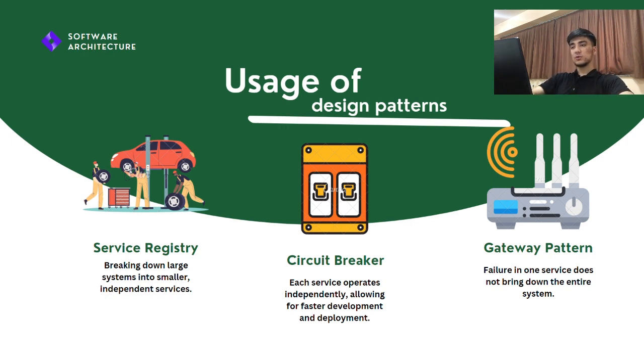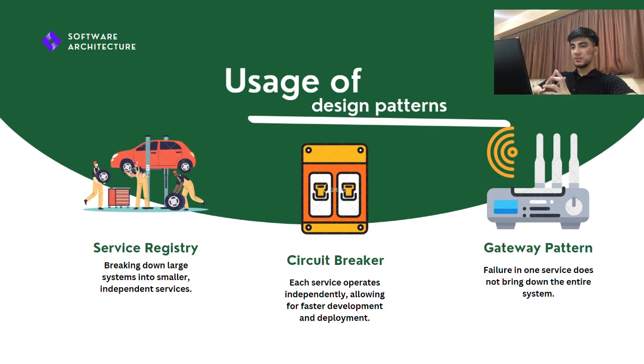So when the service starts failing or becoming unresponsive, the circuit breaker trips and temporarily stops further requests from going through. The circuit breaker pattern helps prevent problems from spreading throughout the system. It allows the rest of the services to keep running smoothly while the troubled service gets fixed. Once the issue is resolved, the circuit breaker resets and normal operations resume.